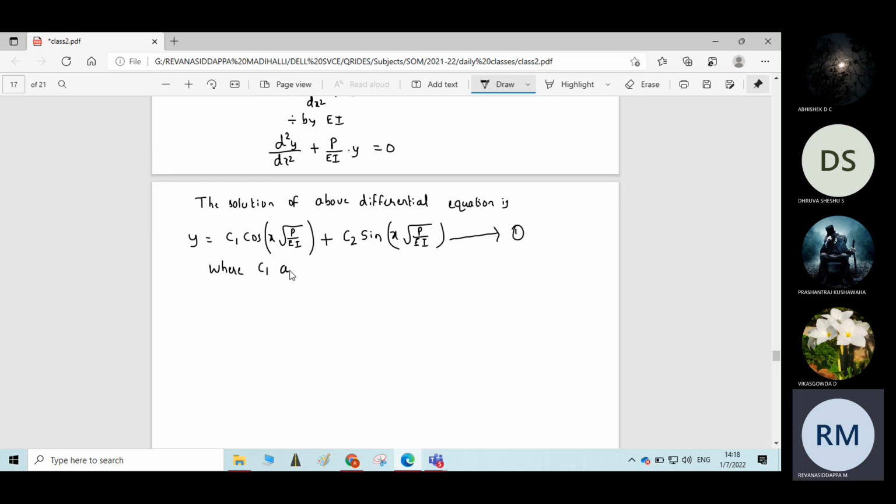Here c1 and c2 are constants of integration.